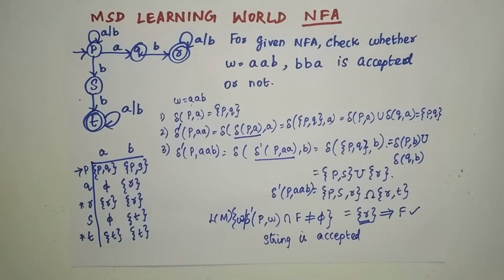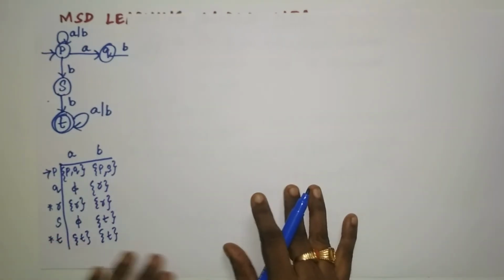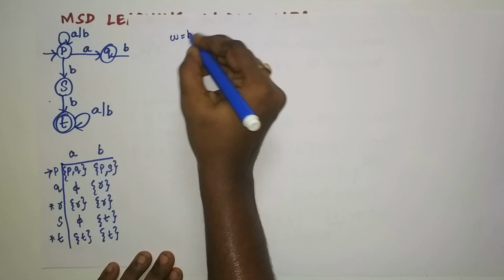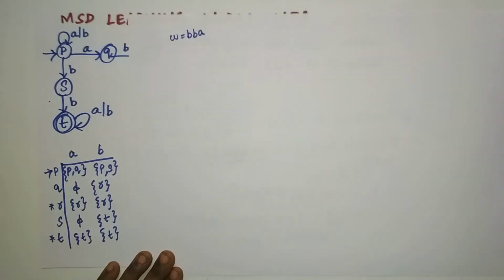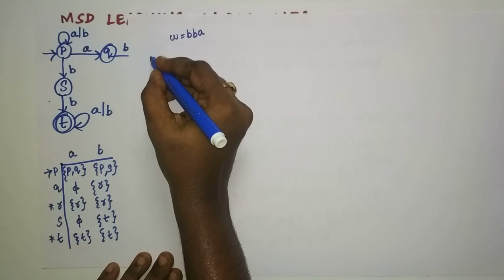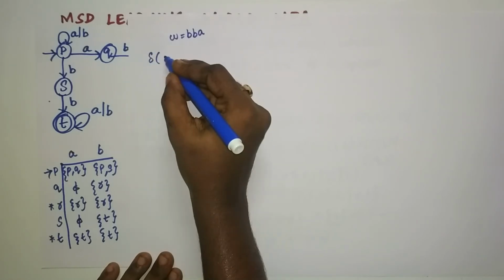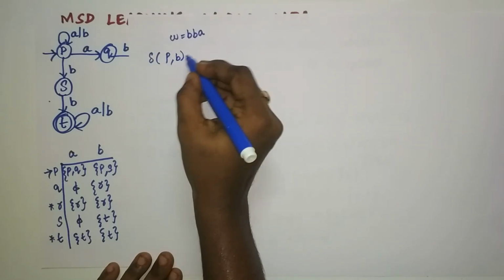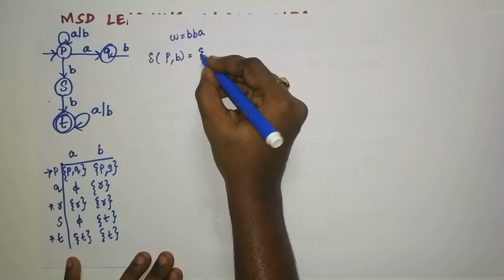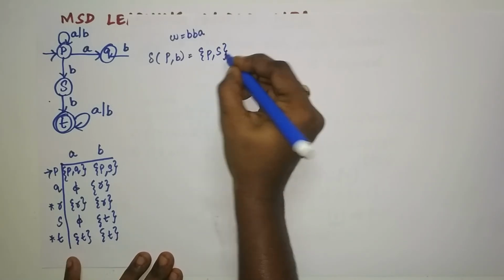Now let us take the string W equal to BBA. You start like the previous problem. Del of initial state P comma B. Del of P comma B is {P, S}.